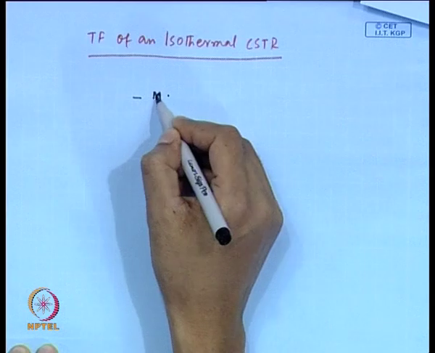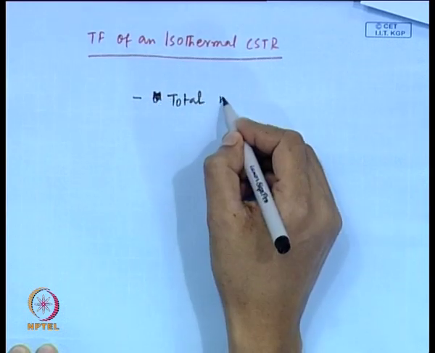Previously, we have considered one CSTR. I mean, we have developed the model structure of a CSTR previously, and the model structure of that CSTR includes 3 equations. Can you remember these 3 equations? One is based on mass balance, I mean total mass balance.